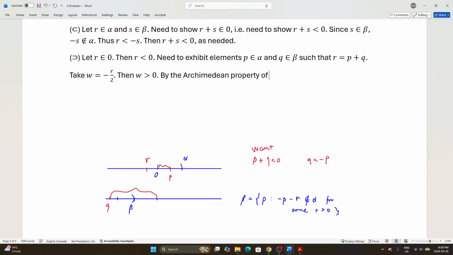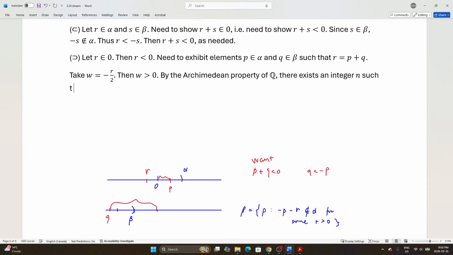By the Archimedean property of Q, there exists an integer n such that (m plus 1) times w is not greater.